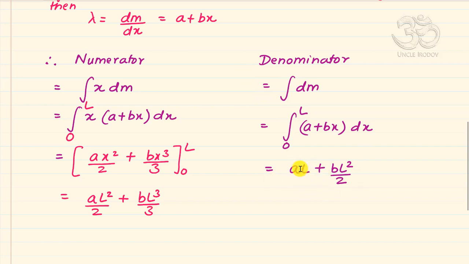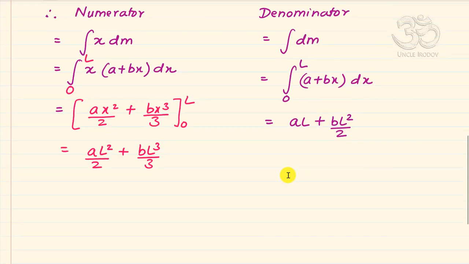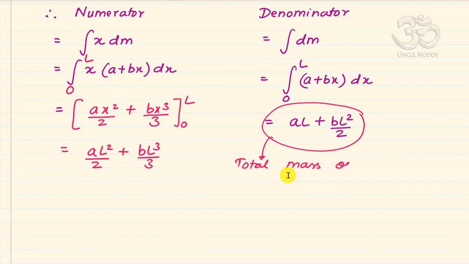That is trivial. And now you can figure out the total mass. The total mass is this. So if they ever ask you to find out the total mass of this rod, you have this answer here. Total mass of the rod.